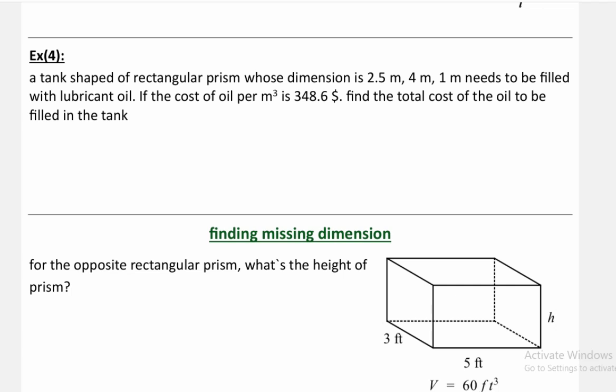A tank shaped as a rectangular prism whose dimensions are 2.5, 4 meters, and 1 meter needs to be filled with a lubricant oil. If the cost of oil per meter cube is $348.6, find the total cost of the oil to be filled in the tank. First, I'll give you a hint.